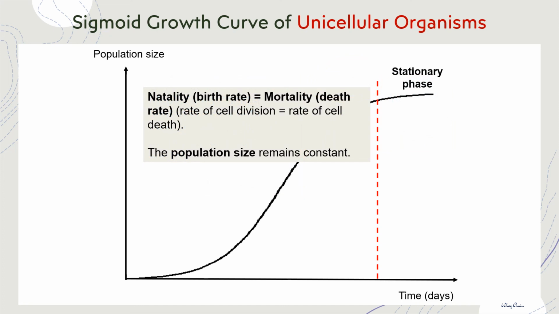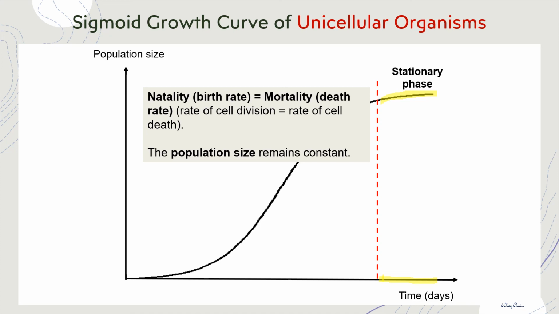The last phase is stationary phase, which means that a plateau of curve is achieved. The growth rate is 0. It means that for a period of time after a particular timing, the number of unicellular organisms in the petri dish does not show much change anymore.